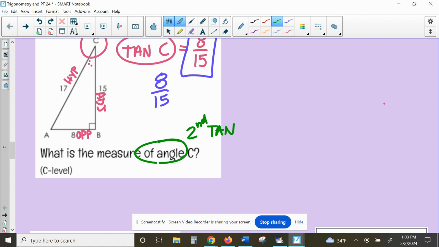What do you got? 28.07 approximately. And this is the angle measure. So what do I need on here? Put little degrees on there, right? And I'm going to put my keystroke so I remember. Second tan, and then the parentheses. We put in 8 over 15, right? Equals.